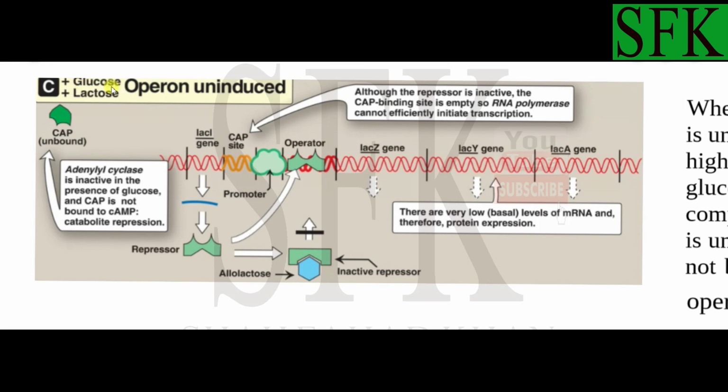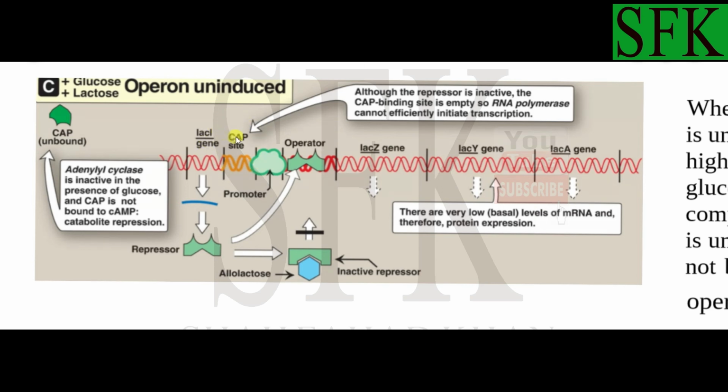So how is this preference achievable? Well, I told you earlier that glucose acts by inhibiting this enzyme adenylyl cyclase, and catabolite repression occurs because the catabolite activator protein is unbound. It is not able to bind to the cyclic AMP, which was to be produced by this adenylyl cyclase enzyme. If it is in the unbound state, it will not be able to form the CRP complex, and if it is not able to form the CRP complex, then the CRP complex will not be able to bind to the cap site.